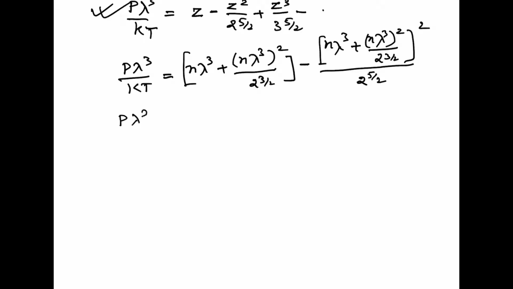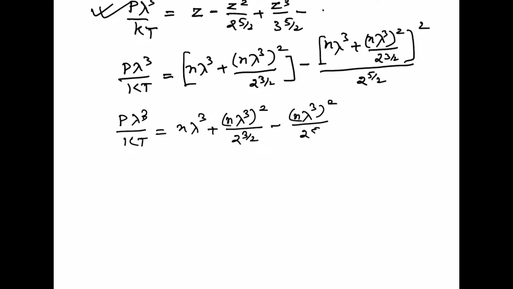So we have P lambda cube by kT equal to n lambda cube plus n lambda cube whole square divided by 2 to the power 3 by 2 minus n lambda cube whole square divided by 2 to the power 5 by 2 plus higher order terms of n lambda cube, which we will neglect.